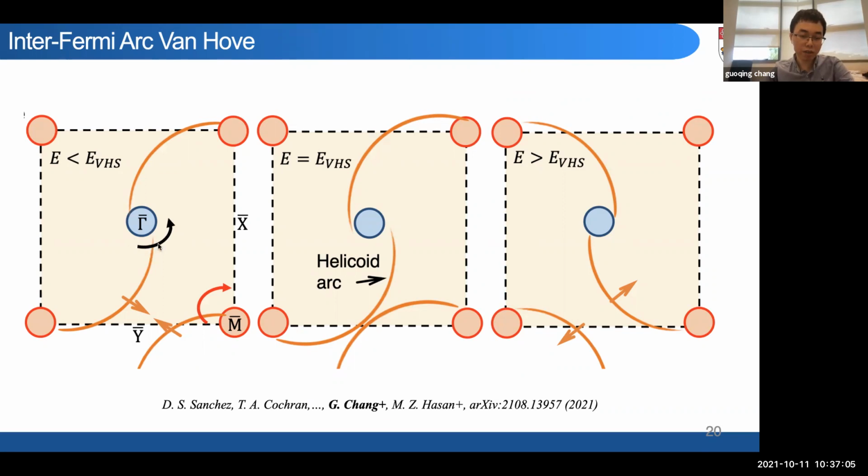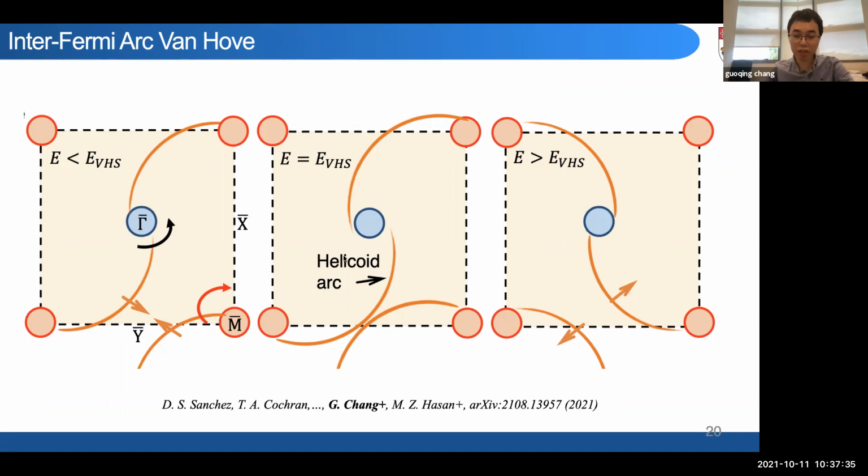This Fermi arc will rotate anti-clockwise around gamma and clockwise around M. With increasing energy, these two Fermi arcs are supposed to move close to each other. At some point, they are supposed to meet at the Y bar, because these two are time reversal partners of each other. So if they meet, they must meet at the Y bar.